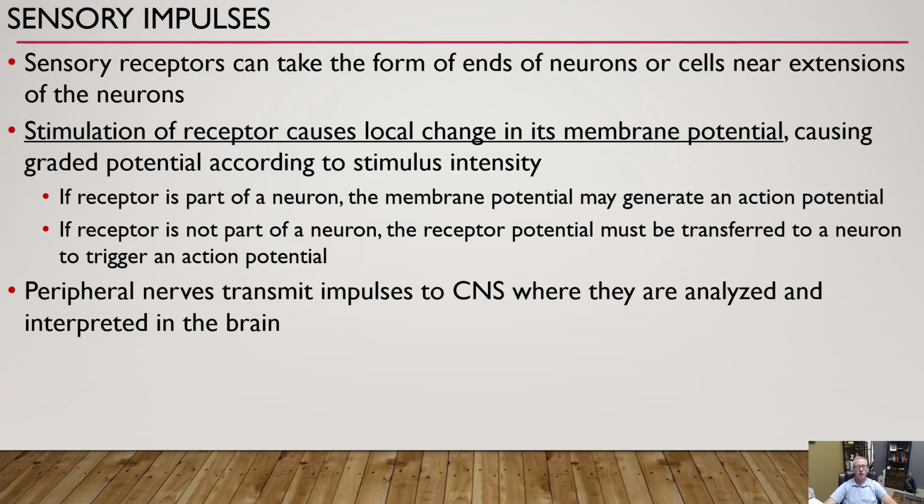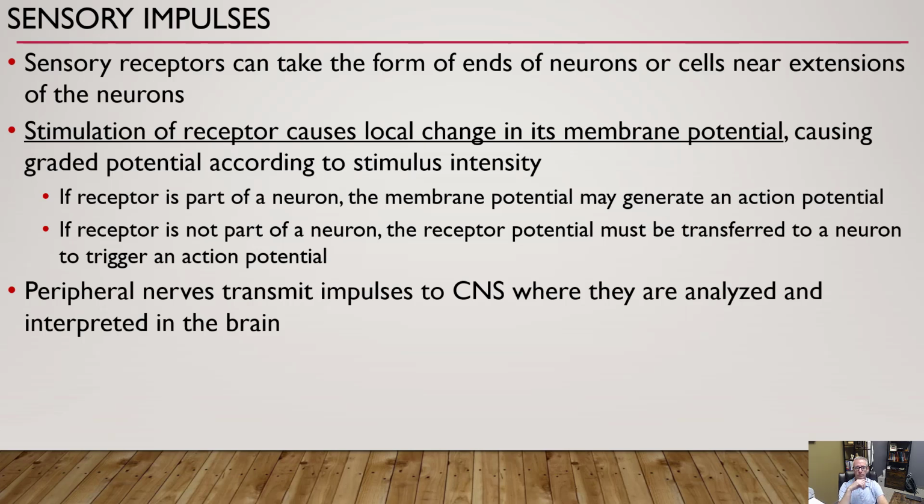All right, so sensory neurons, or sensory receptors, are going to be at the ends of neurons. Remember those neurons have dendrites, cell body, and axons. So those sensory receptors are kind of specialized dendrites.